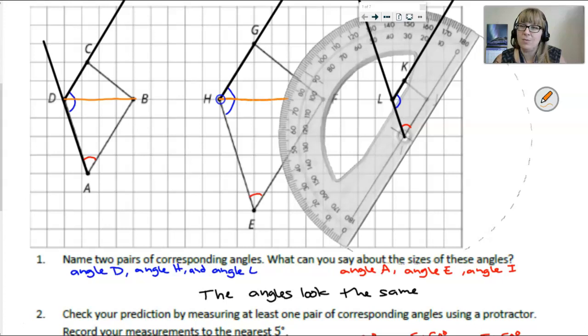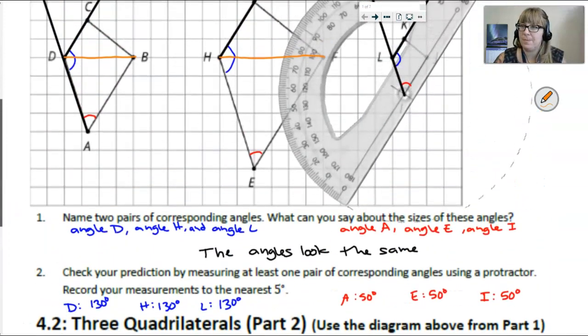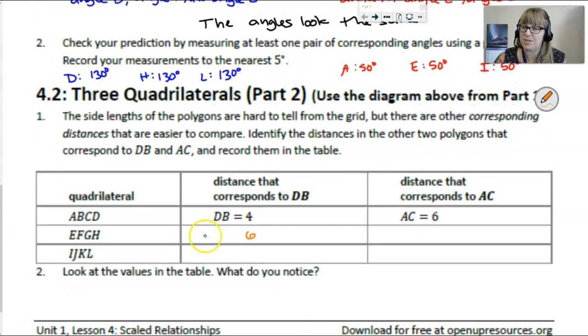The corresponding would be HF, and that is 1, 2, 3, 4, 5, 6. So you can see that listed in the table here, 6. HF was also 6.